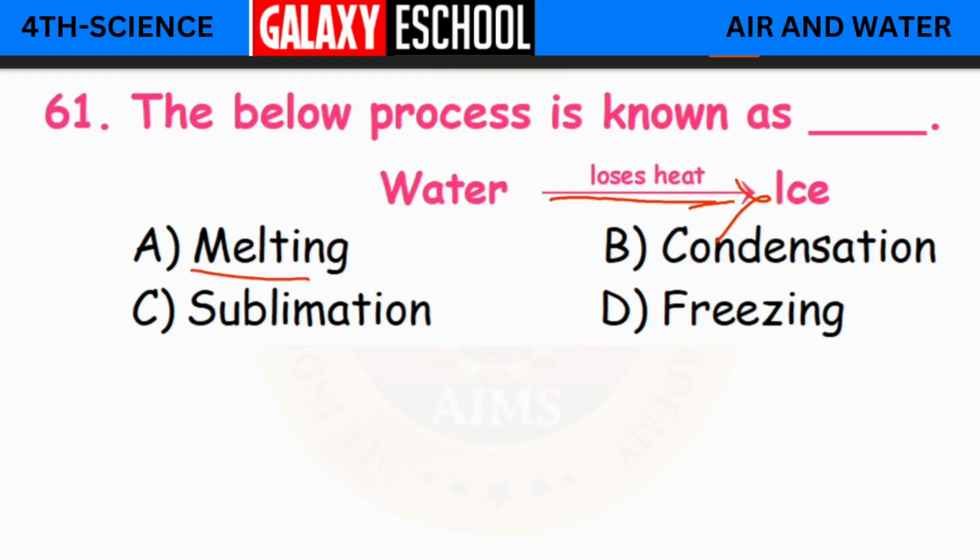Either melting, condensation, sublimation or freezing. And the answer is freezing. If you keep water in the freezer, what will happen? It is going to lose heat and change into ice. So this is because of freezing.